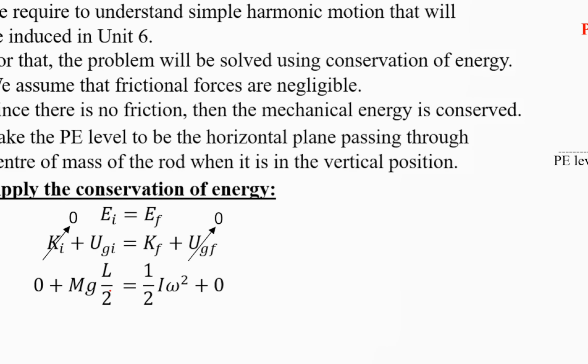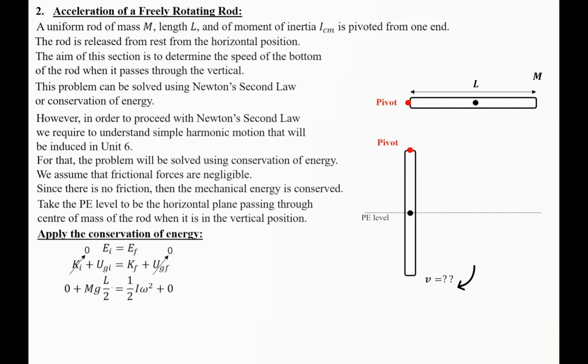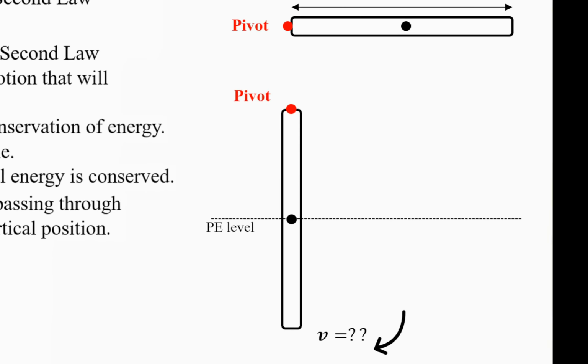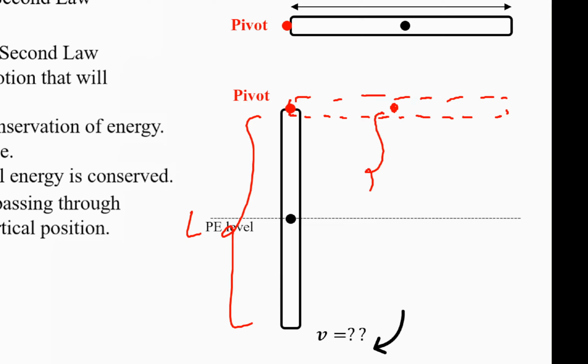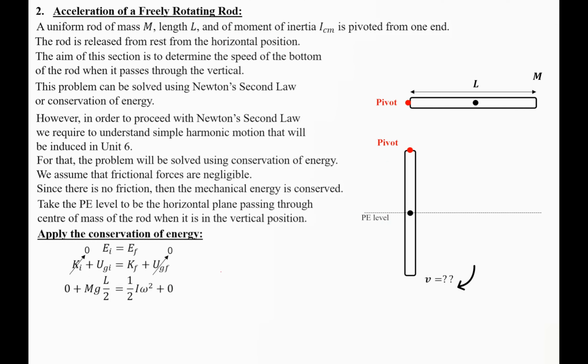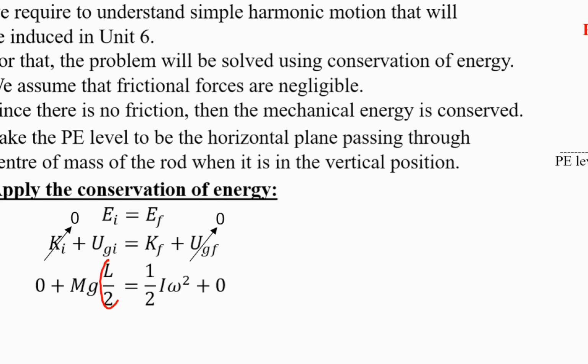H represents the distance from the center of mass initially to the P level. So initially our rod was situated something like that, and the center of mass is located here. If we're assuming that the rod is of length L, then initially, if we choose the P level to be here, the center of mass is located at a height h, which represents half of the length of the rod. For this reason, h has been replaced by L over 2.